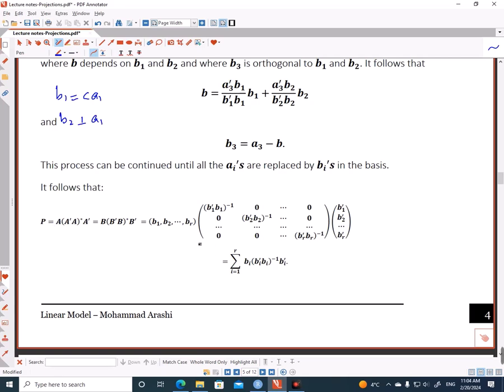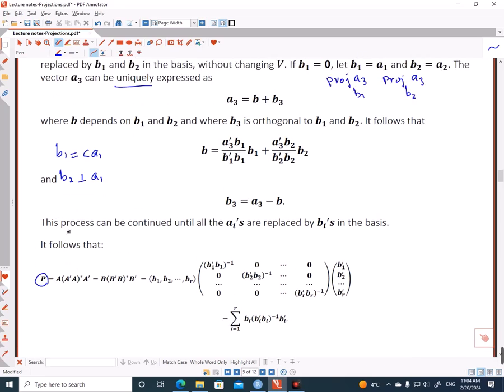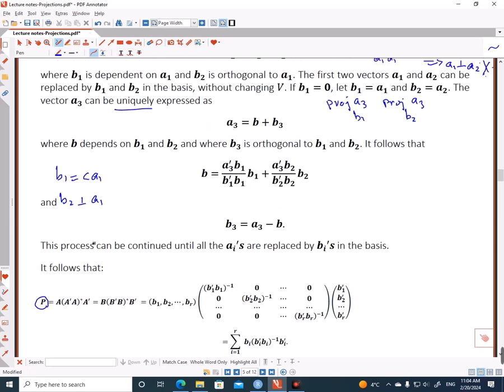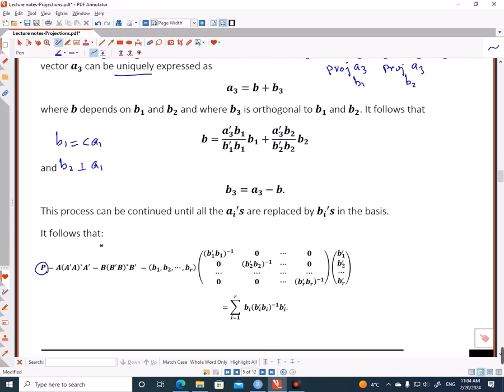But the interesting and beautiful thing is that I can write the projection matrix based on the elements of B. We have now found elements a1, a2, a3, a4, and so on and so forth, based on the elements of B. So we can write the projection P as B (B prime B) generalized inverse B prime.